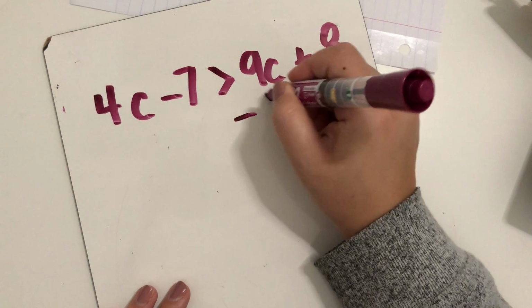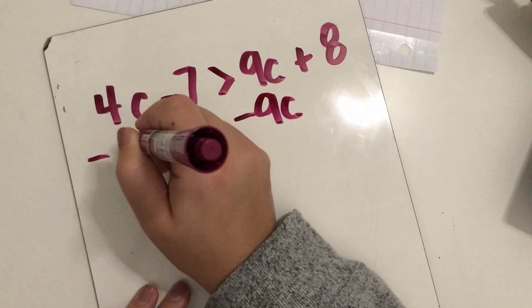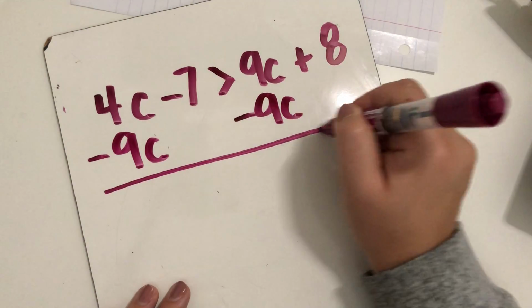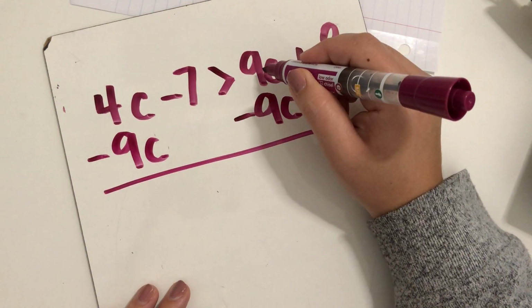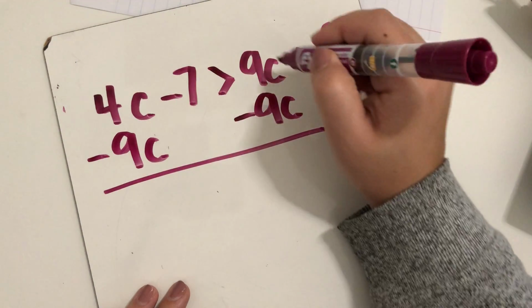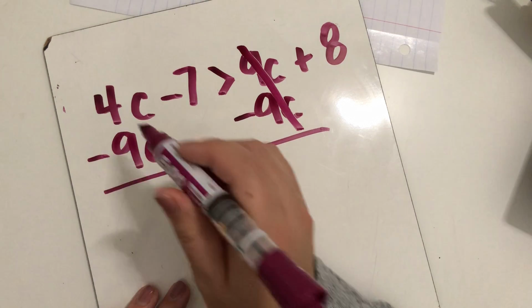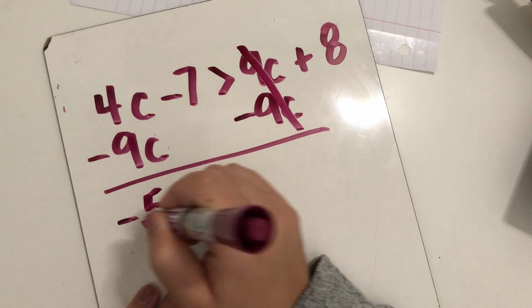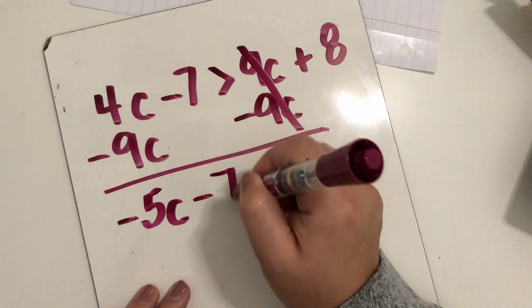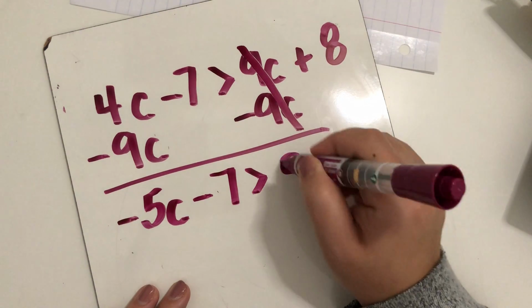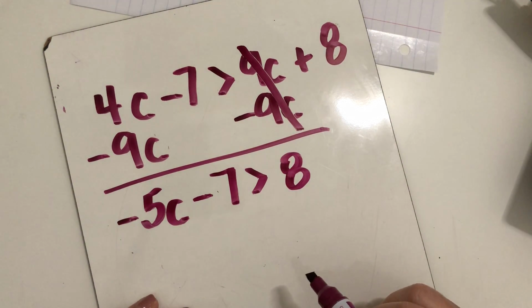So I'm going to move the 9c by doing its inverse. Remember, that's a positive 9c, so to remove it, I'm going to have to subtract it. 4 minus 9 is going to give me a negative 5c. I'm going to bring down everything that I did not work with in that step.